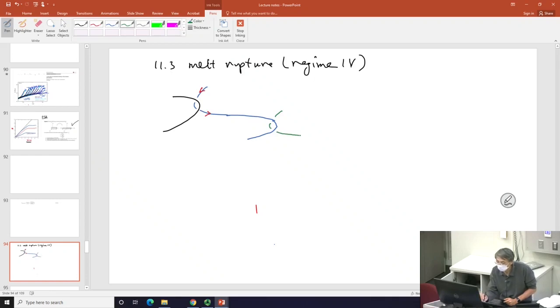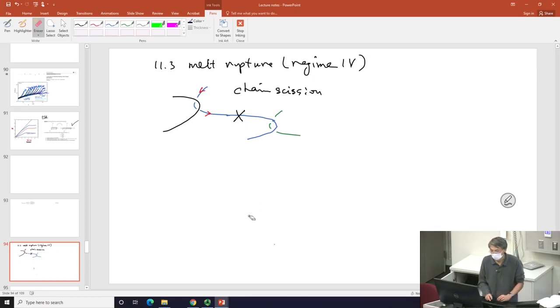Until conceivably chain scission occurs here. So how could that be in absence of cross-linking? That's the real question.